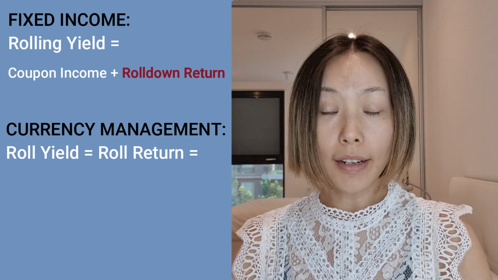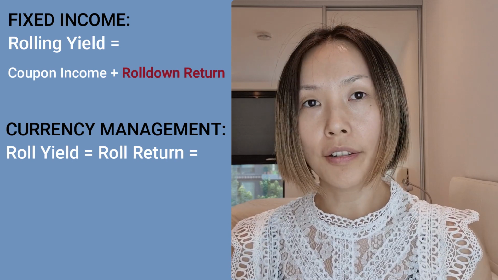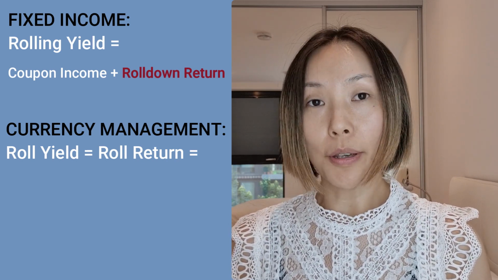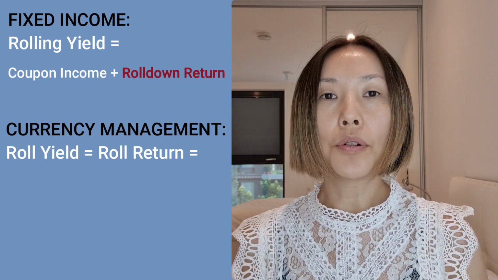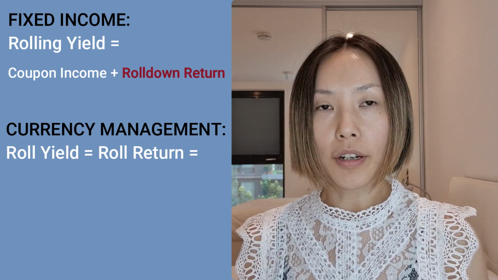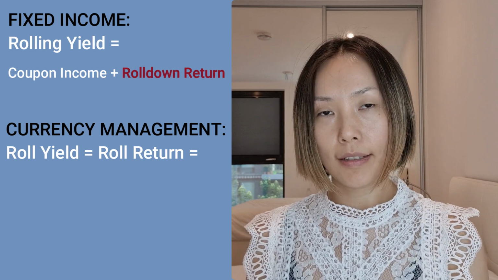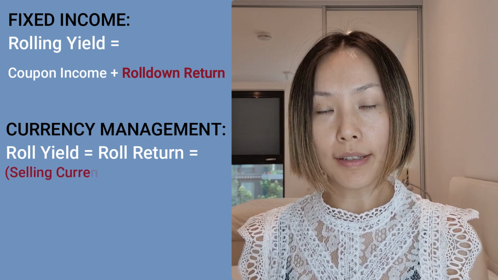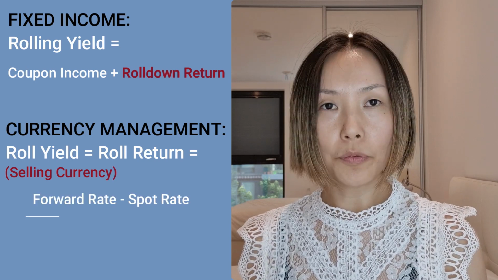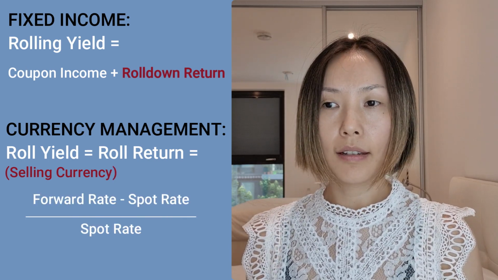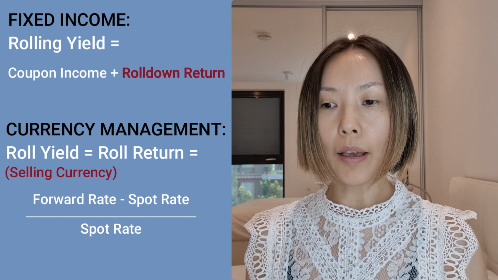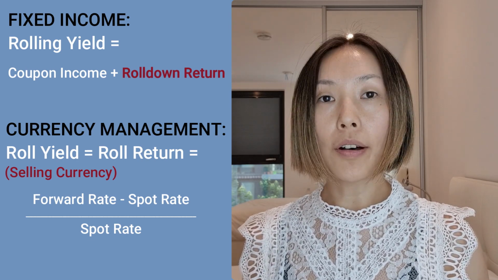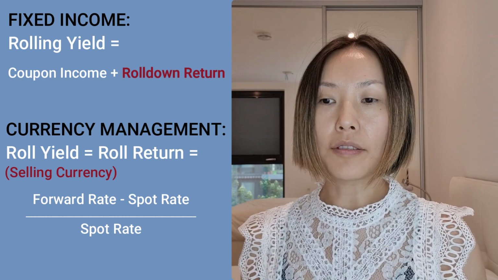So just very quickly, roll yield is the return you may gain, or it could be a loss, from rolling your forward contract in the currency market. So when you are selling a particular currency and the forward rate is higher than the spot rate, then when you roll your contract, you will have a positive roll yield, and vice versa.